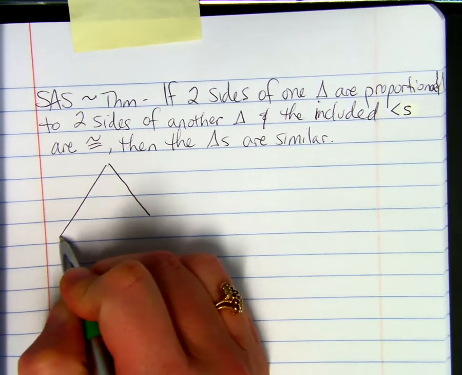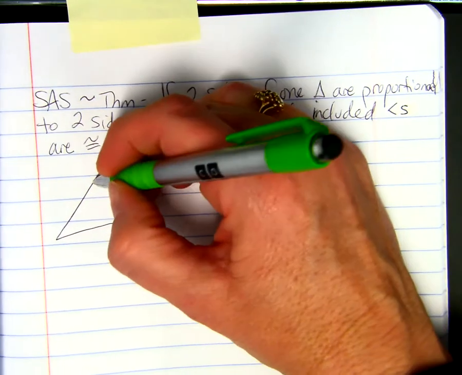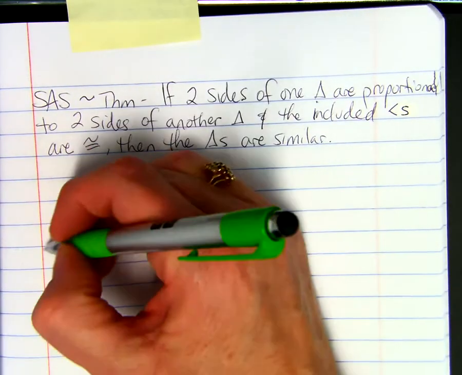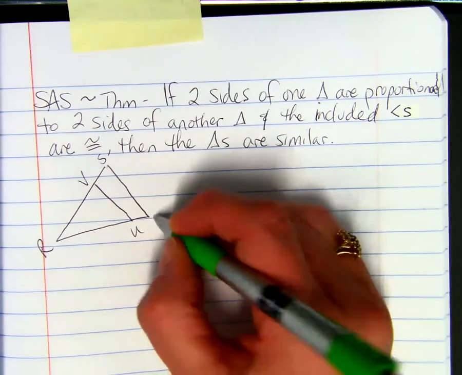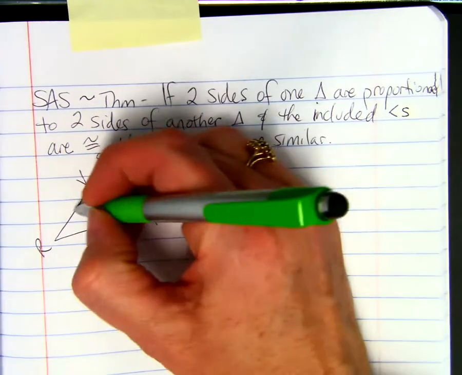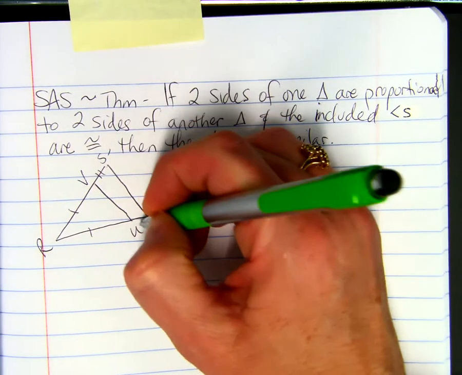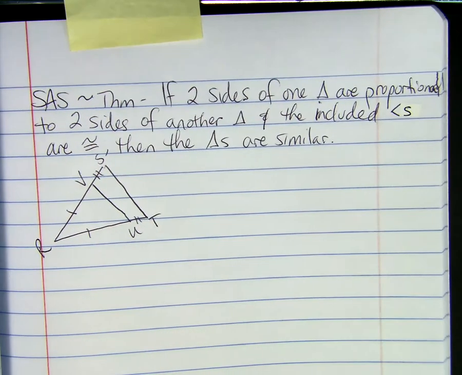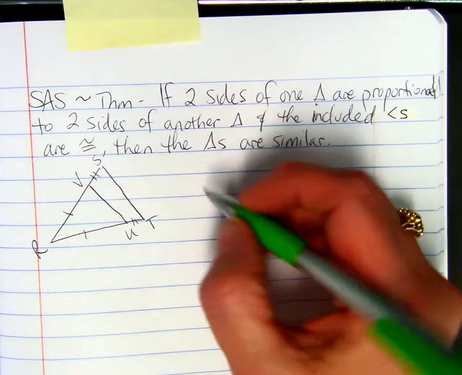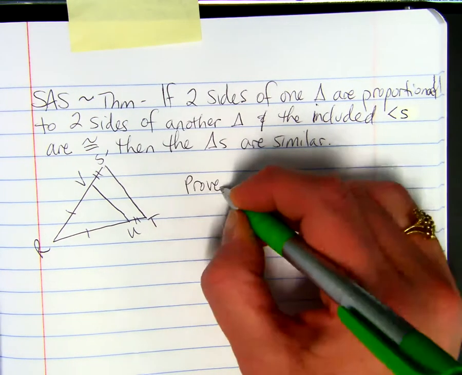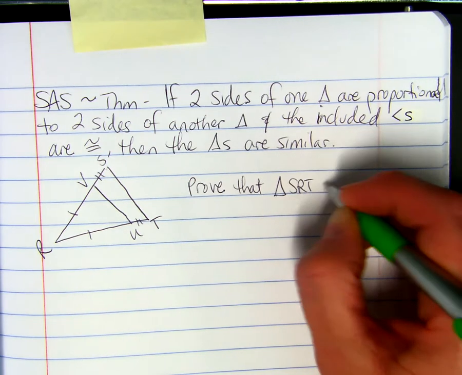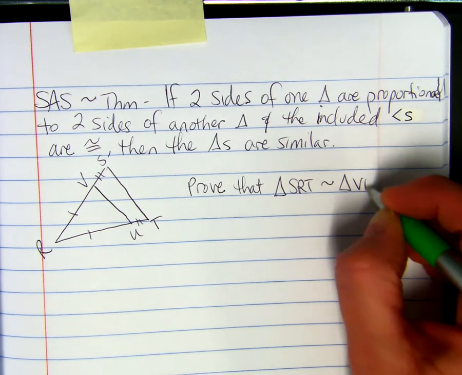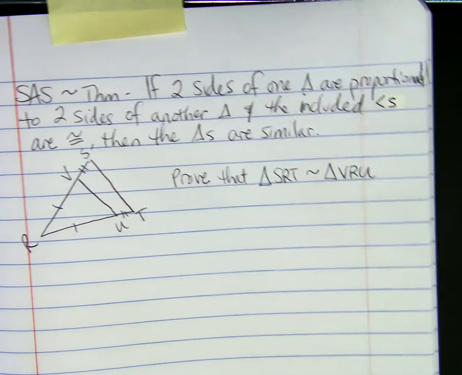So we're going to do another example. We want to prove that triangle SRT is similar to triangle VRU.